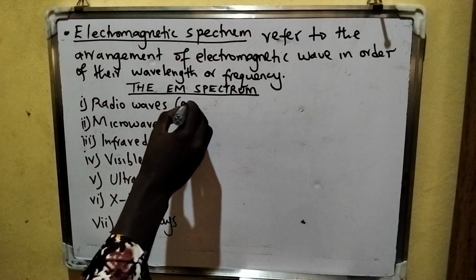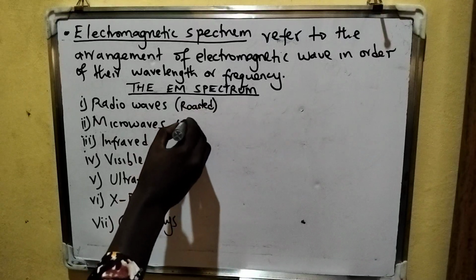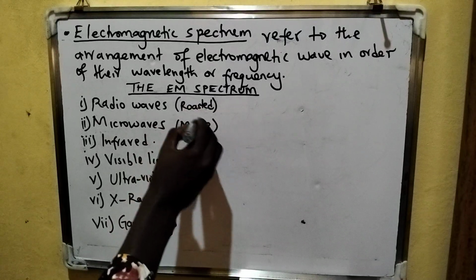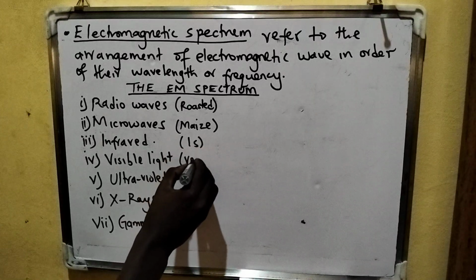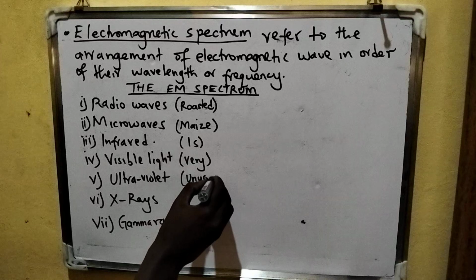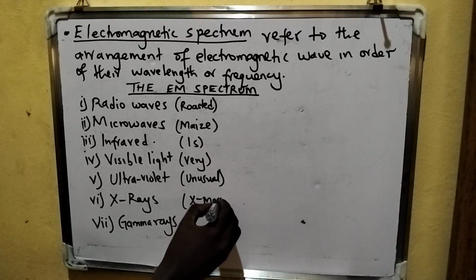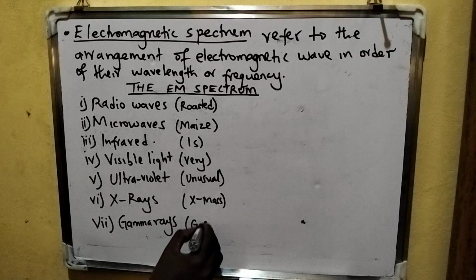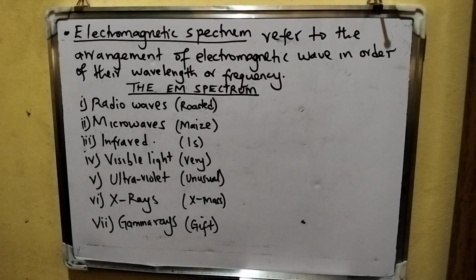Roasted maize is very unusual Xmas gift. So this mnemonic can help us master the order of the spectrum.